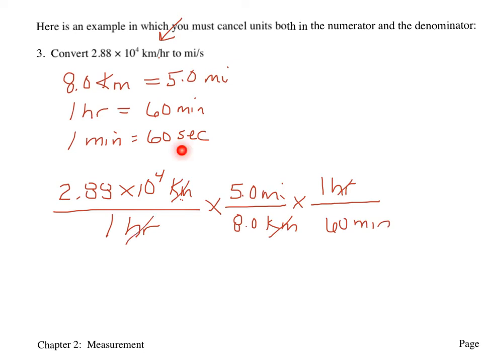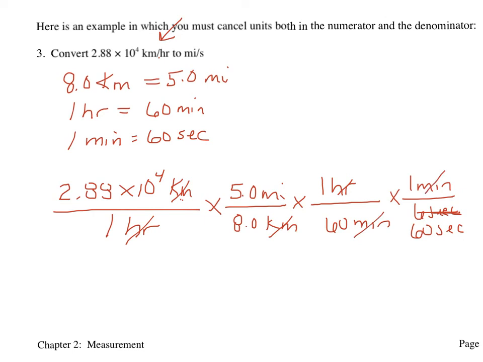Finally, we want to get from minutes to seconds, so we'll use this last equality. And again, the units of minutes have to be catty corners, so I'll put 1 minute at the top and 60 seconds. Sorry, that's supposed to say 60 seconds. There we go. Okay, so the minutes are going to cancel.